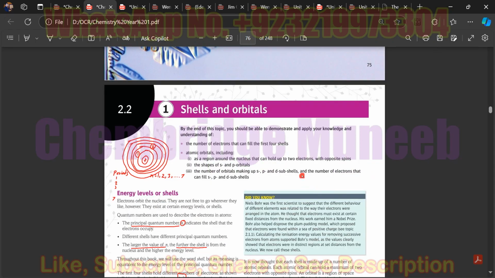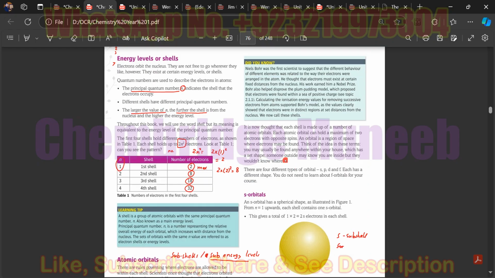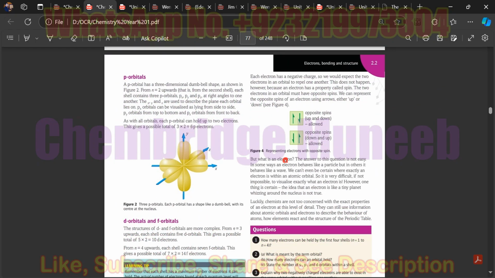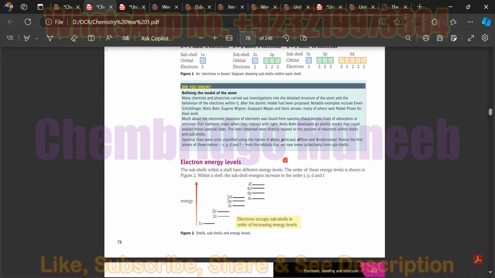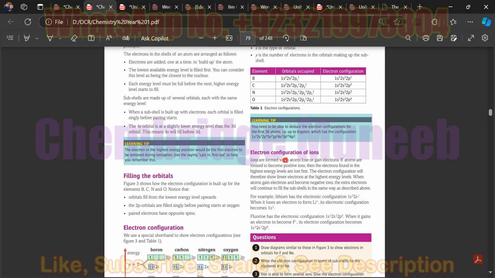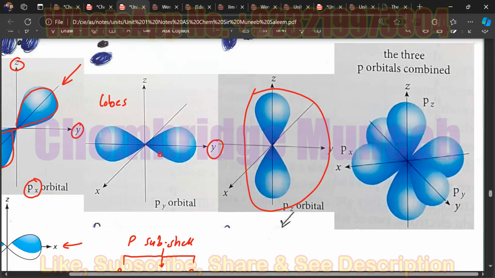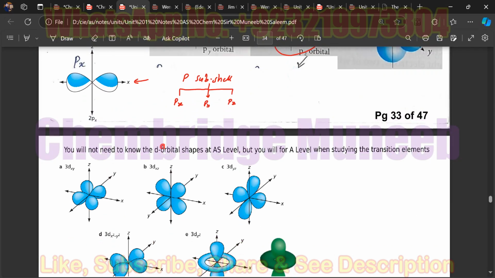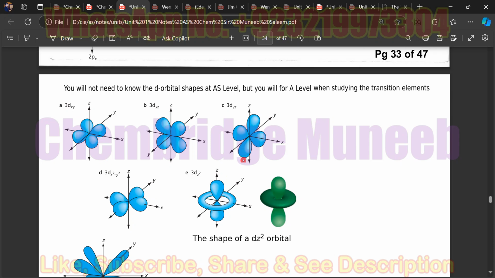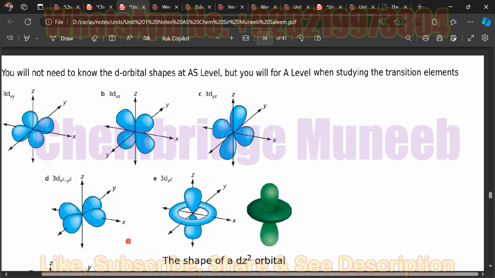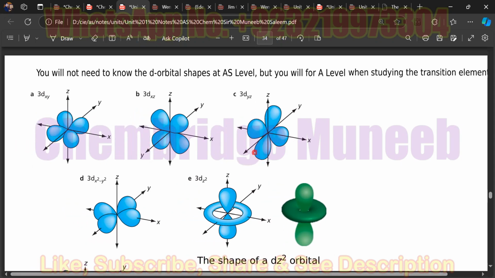Now since they have not shown the shapes of the d subshell and the f subshell, I can exclude those shapes as well, but I just want to show the overall picture of the d subshell. These blue colored are the 5 orbitals of the d subshell, and you can see they have different shapes. Although these look similar, they have some small minor differences.